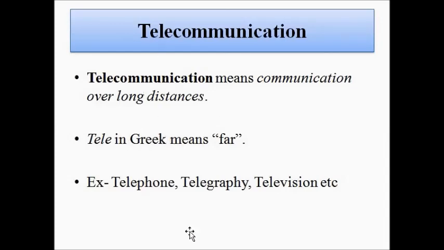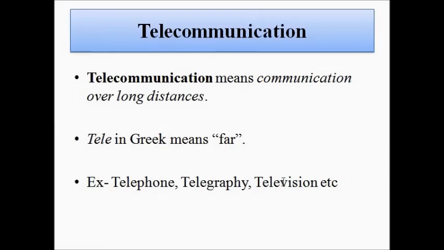Telephone, telegraphy, television, etc. are examples of communication taking place over long distances. Telephone and telegraph are two-way communication. It means communication can take place in two ways, from the sender to the receiver, in the case of telephone and telegraphy.